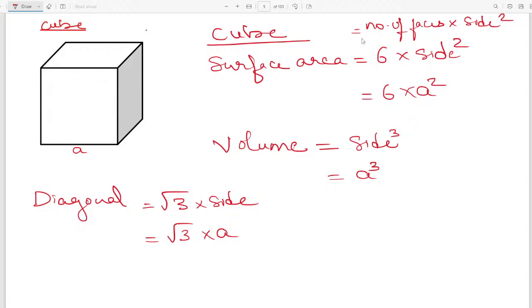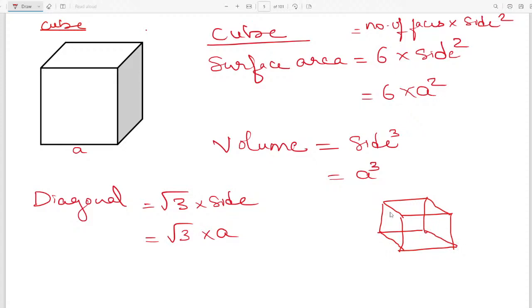A cube has 6 faces. This is 1, 2, 3, and at the other side 3 faces will be there. If I have to write a cube, I can write it here like this. And this would be a cube.